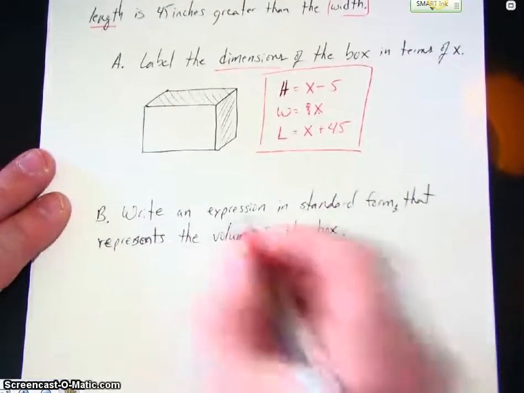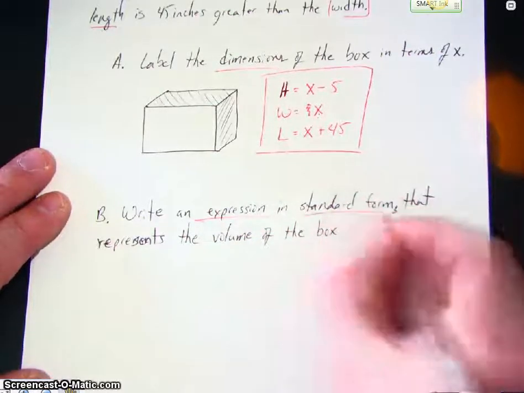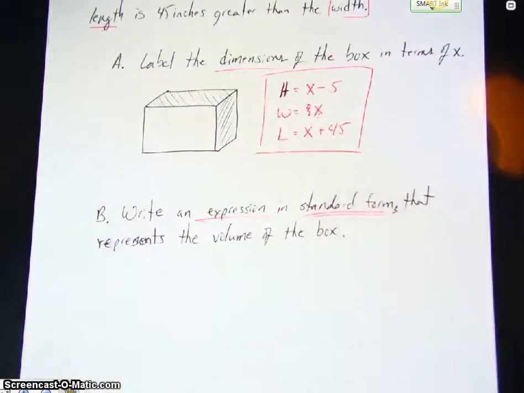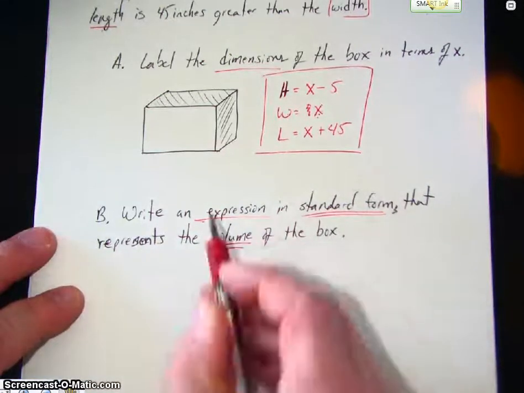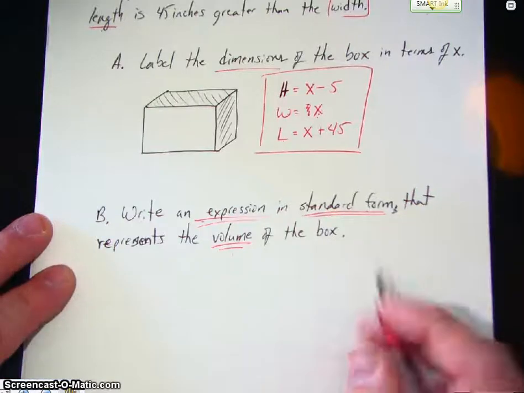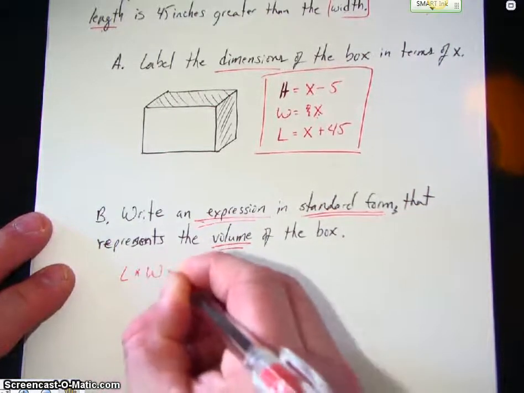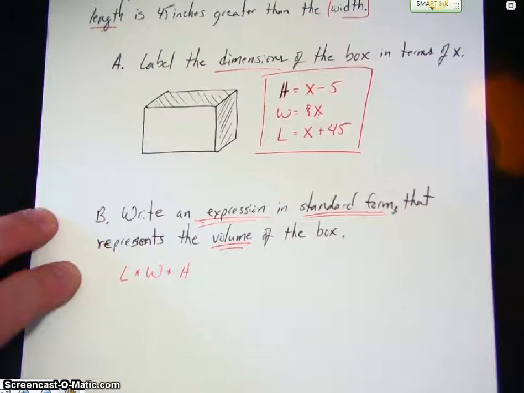Part B is write an expression, all right, in standard form, keyword, that represents the volume of the box. All right, expression, standard form, and volume. All right, volume is length times width times height.